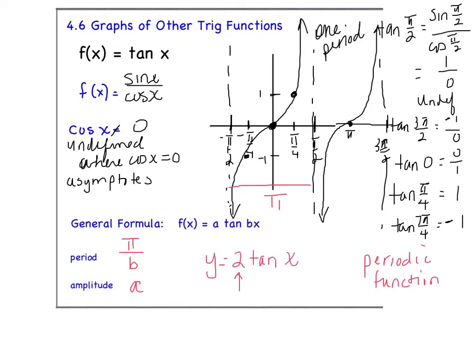The amplitude doesn't have a whole lot of effect on the tangent graph. It might make it a little shallower, or sometimes it will make it stretch, so it'll be just a little bit longer, but it's still going to have this basic form. Now this will change, but the other won't. So this is what a basic tangent graph looks like.